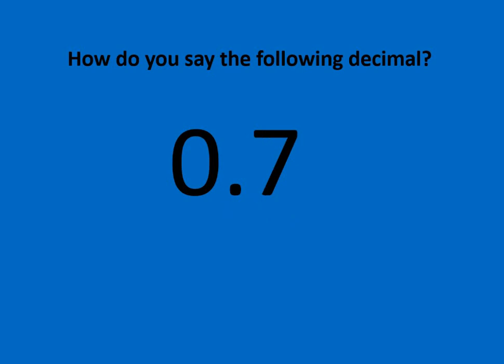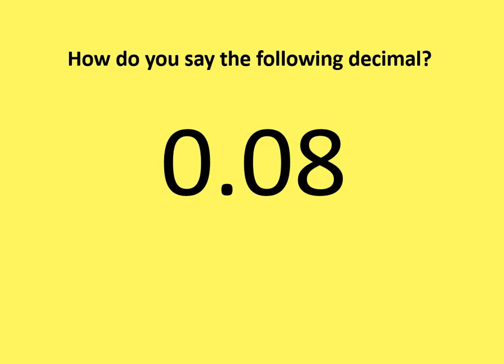It's 7/10. This one, it's 8, the decimal point after 2 places. 1, 2. So it's 8 out of 100. 8/100.